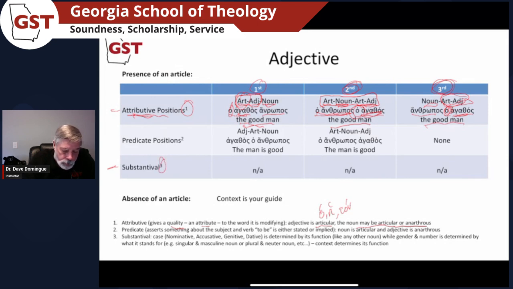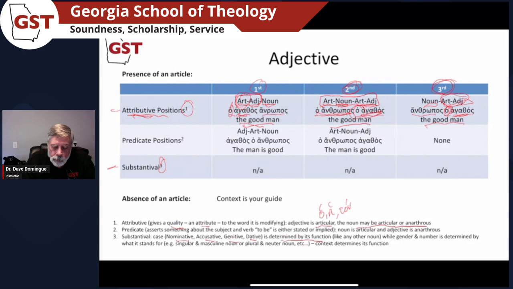Number 3, substantival would be in the nominative, the accusative, the genitive, or dative case. In other words, the adjective is going to be one of those cases, and that case determines its function because there is no article, just like any other noun, right? There is no article for it to modify, so it will stand for subject, possessive, indirect, or direct object.